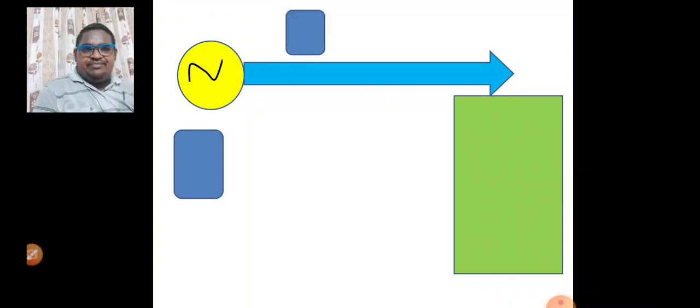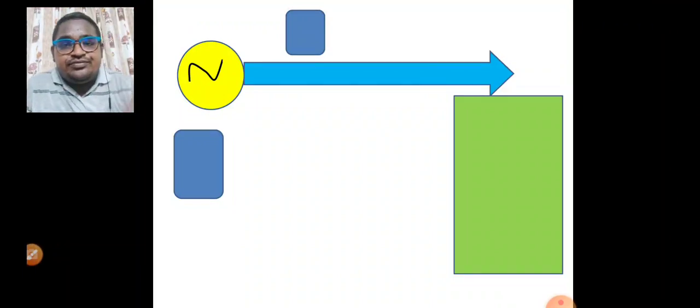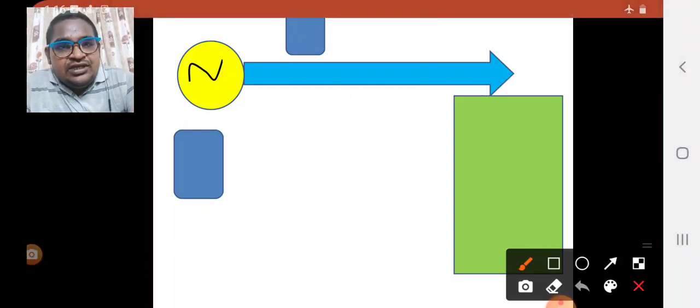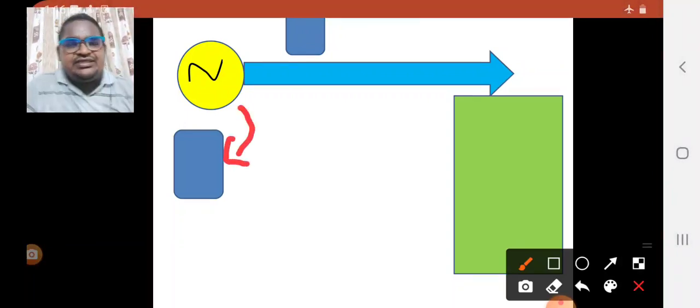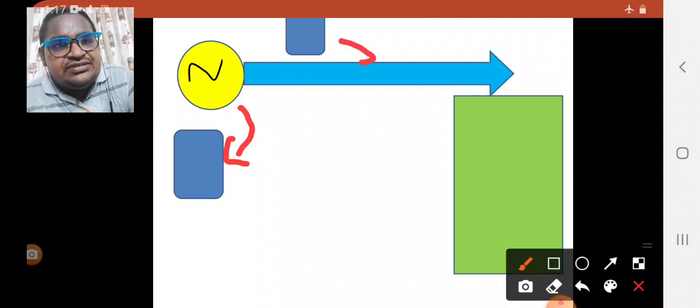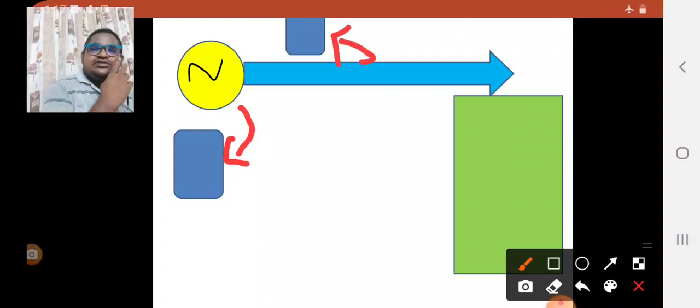Yes, for example, apart from the distribution, I have a load which is present very near to the generation, and another which is present very near to the transmission.